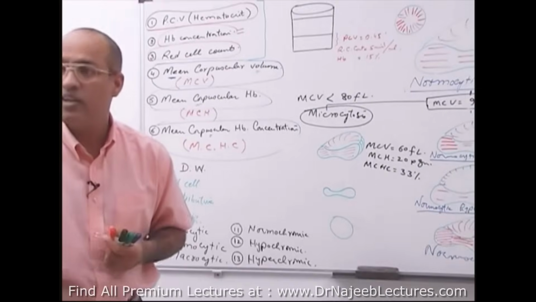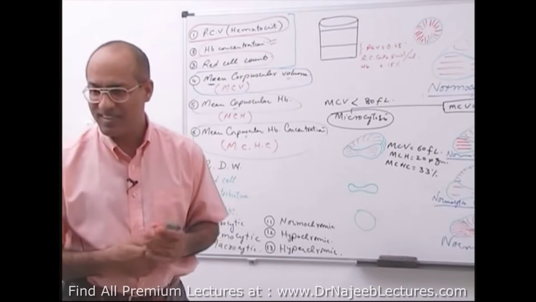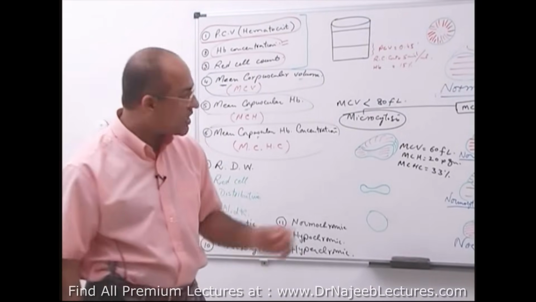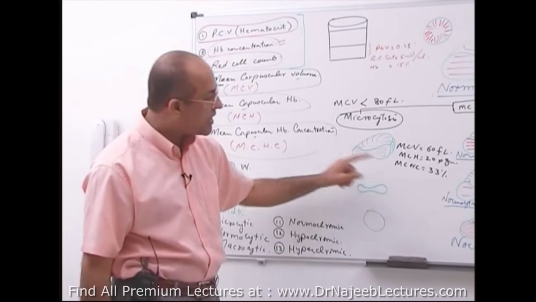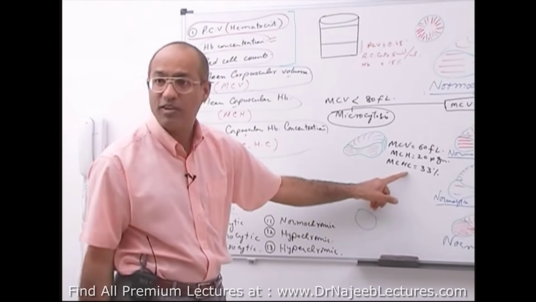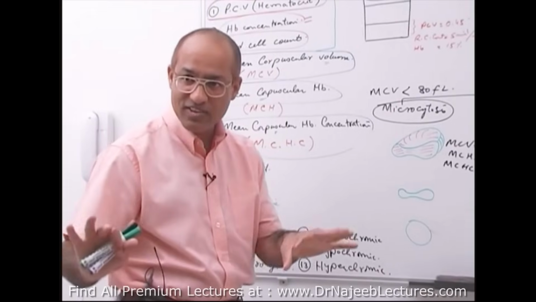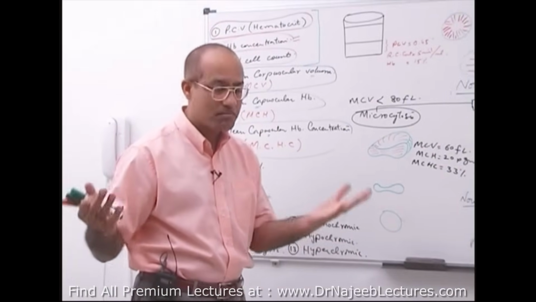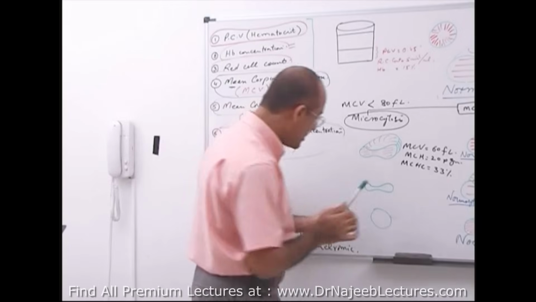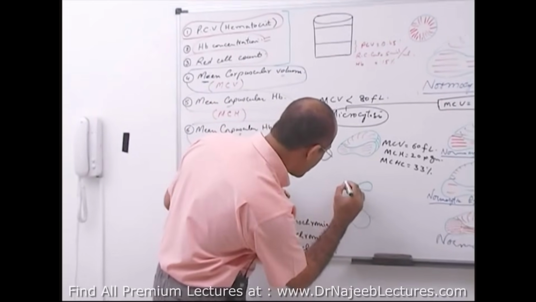It is microcytic normochromic. Is that right? Because MCV is less than normal, but MCHC is normal. Am I clear? I'm surprised. You are really understanding it? All of you? Great. I'm dealing with a very intelligent bunch of doctors.